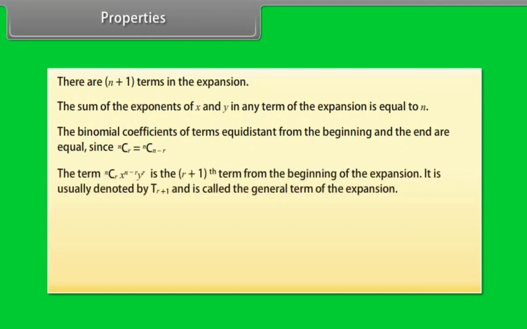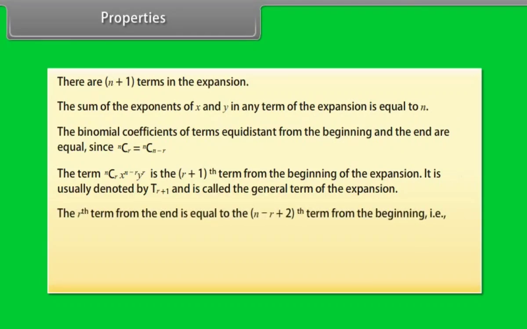The term nCr times x^(n-r) times y^r is the (r+1)th term from the beginning of the expansion. It is usually denoted by t(r+1) and is called the general term of the expansion.